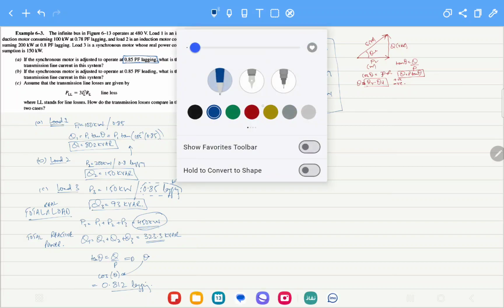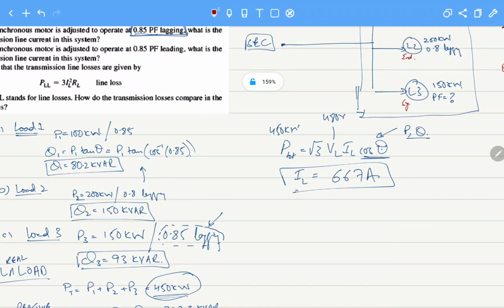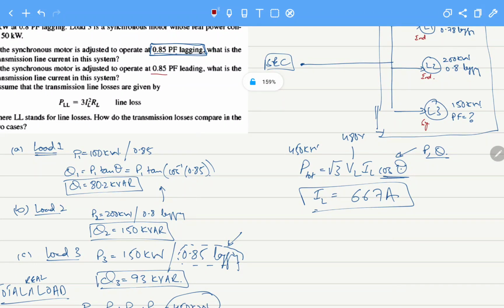Now let's look at part B, in which it states that the power factor of the synchronous motor is now changed. How do we change this? By changing IF, we are able to change the value of the internally generated voltage EA, and also we are able to change the power angle for the motor.